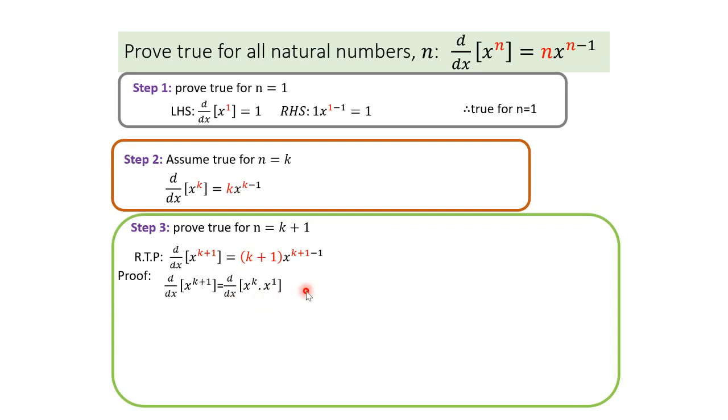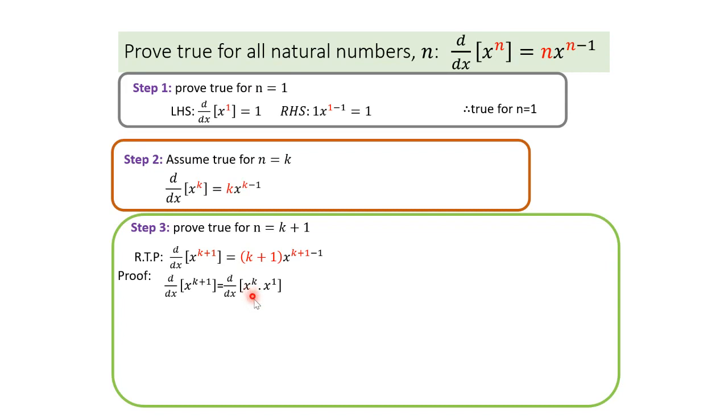Now if you look at this, this is the derivative of the product of two algebraic expressions. So what are we going to apply? Our product rule. How does the product rule go? We differentiate the first, leave the second, plus, leave the first, differentiate the second. But remember that when you are differentiating, you're not just plugging into the rule.